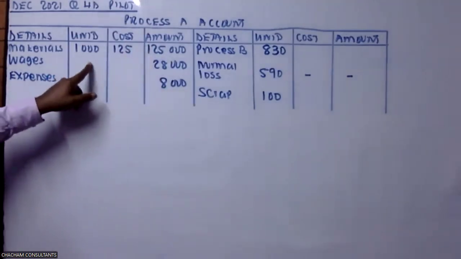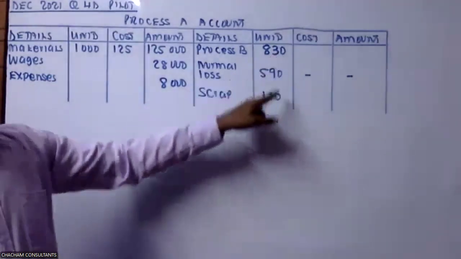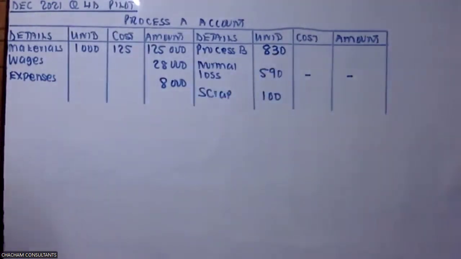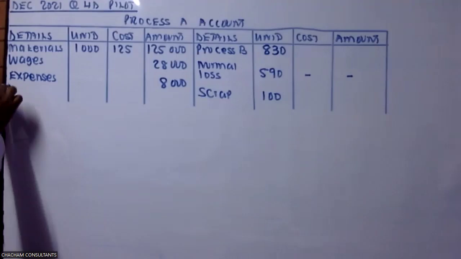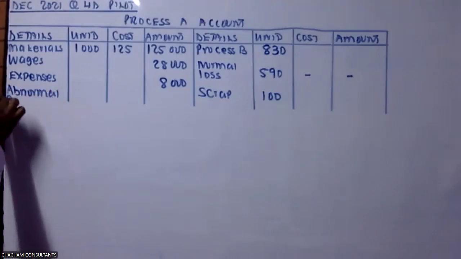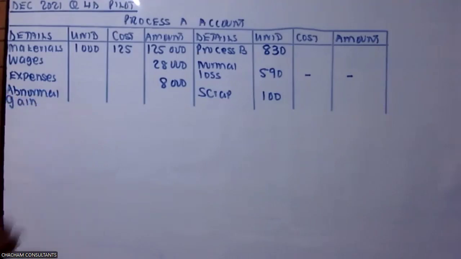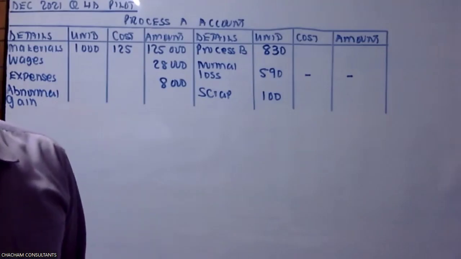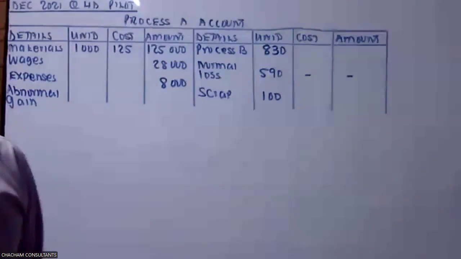So you can see this is 1,000, so this is obviously more than 1,000. Tell me the balancing figure, which I told you will be abnormal gain. The balancing figure will be what? 520.